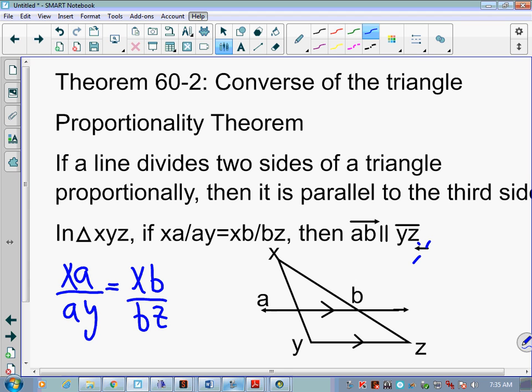So one starts off with knowing that they're parallel and therefore stating that they're proportional. This one starts off with the proportion and allows me to say that they are parallel to each other.